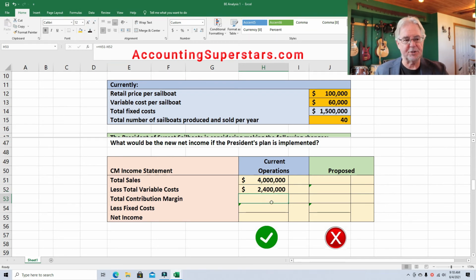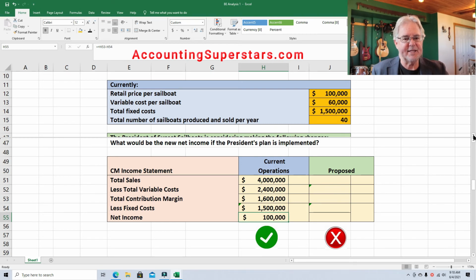And to figure out the contribution margin, all you do is subtract. Sales minus variable costs is contribution margin, a very important number. Now the fixed costs are not changing, still 1.5 million. And so net income is going to be 100,000. We can figure out the net income because we have total sales, total variable costs, total contribution margin, and fixed costs are always grand total, always. So net income works here.